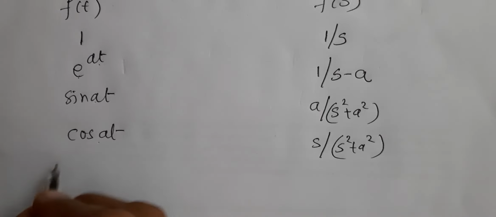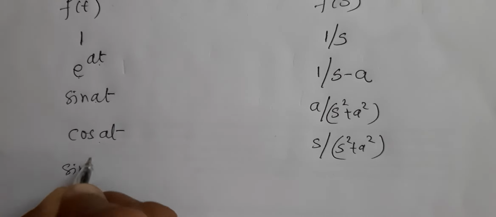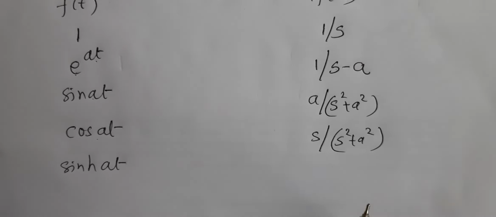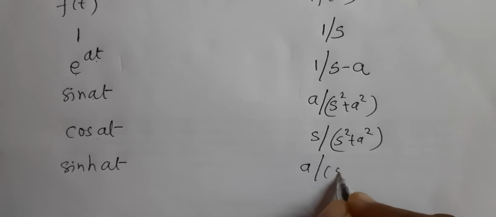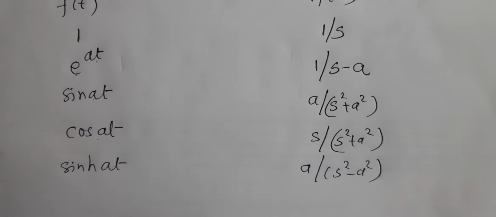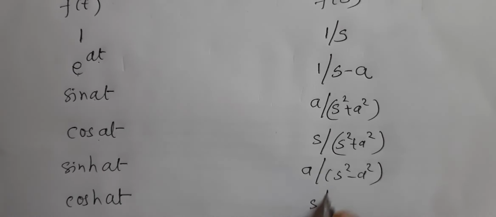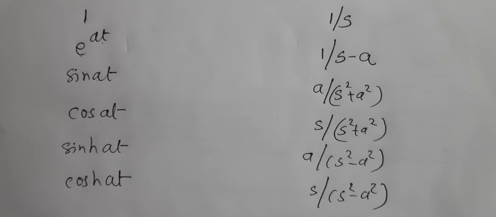And then the next formula we have is sine hyperbolic at. For sinh at, the Laplace is a upon s² − a², and for cosh at, it is s upon s² − a². See, don't just sit and mug up the formula. I am telling you in my every lecture, you should never just mug up the formula.